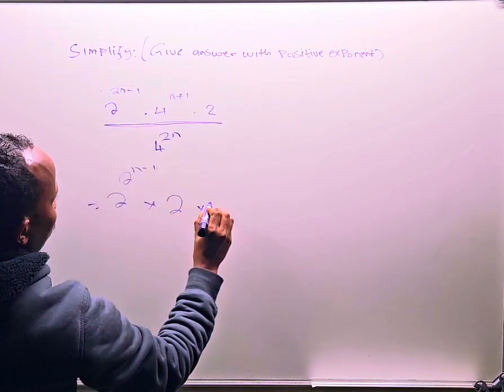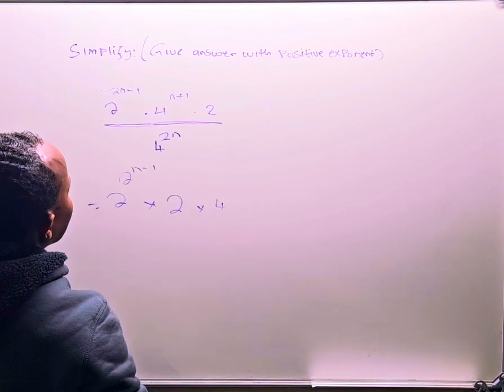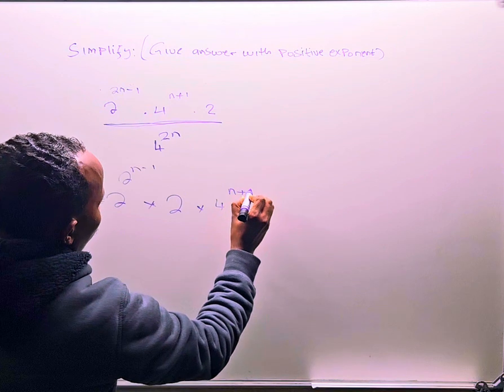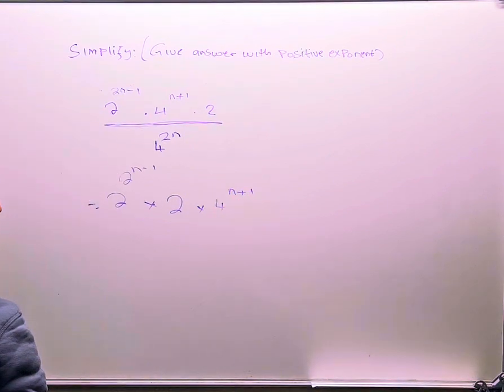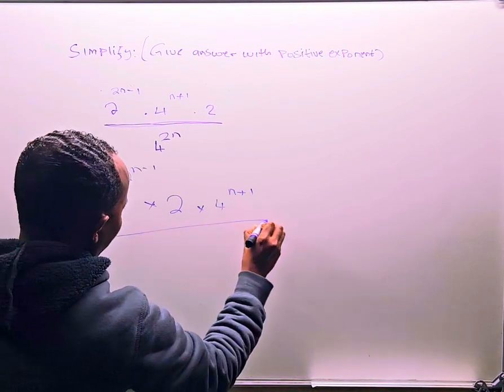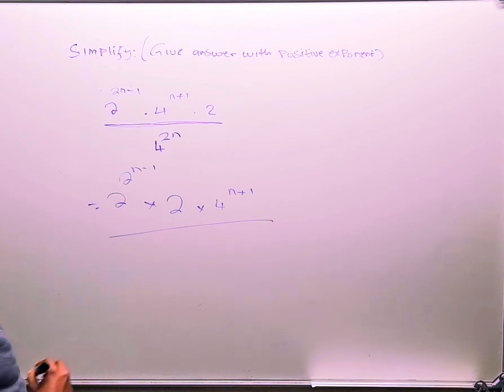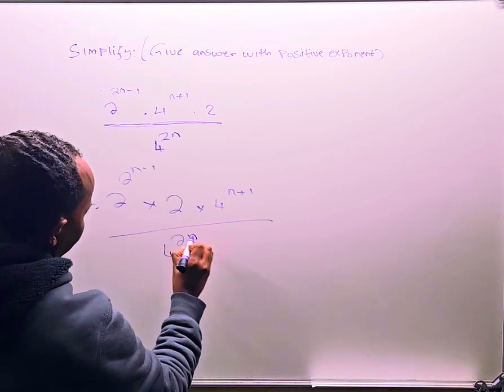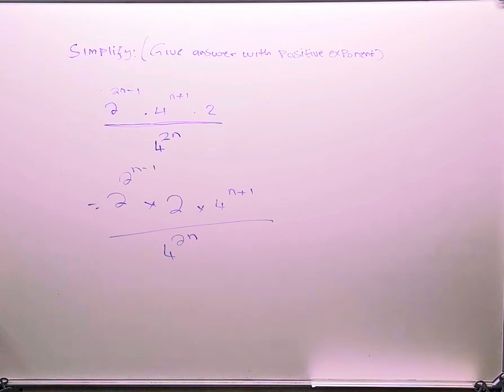I'm going to take just the 4 raised to the power of n plus 1, over 4 to the power of 2n. Now, let me work out the top part first, or the numerator.